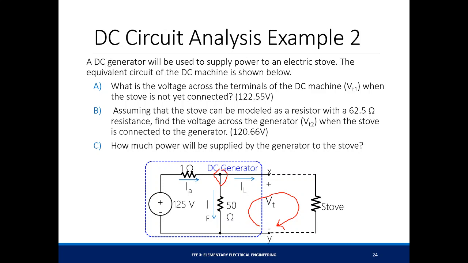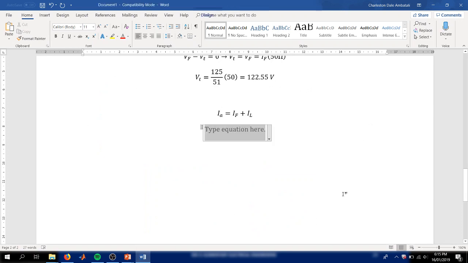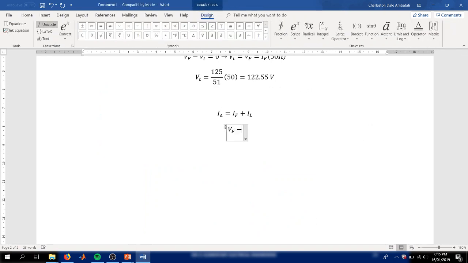So you use this loop, and we set the VF to have this polarity right here, defined by the direction of the current. Also VA right here. There you go. So if you do KVL on this loop, you get what? VF, negative to positive, minus VT equal to 0. That's VF minus VT equal to 0.